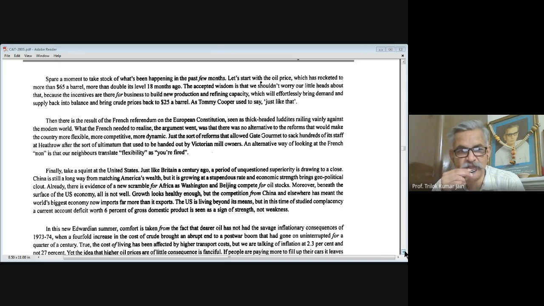Moreover, beneath the surface of the US economy, all is not well. Growth looks healthy enough, but the competition from China and elsewhere has meant that the world's biggest economy now imports far more than it exports. The US is living beyond its means, but in this time of studied complacency, a current account deficit worth 6% of the gross domestic product is seen as a sign of strength, not weakness.